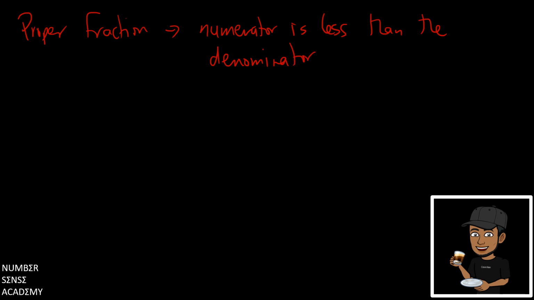So if we have a over b and a is less than b, then this is automatically a proper fraction. For example, 3 over 4: 3 is less than 4, that's a proper fraction. 199 over 2,000: 199 is less than 2,000. These are examples of proper fractions.